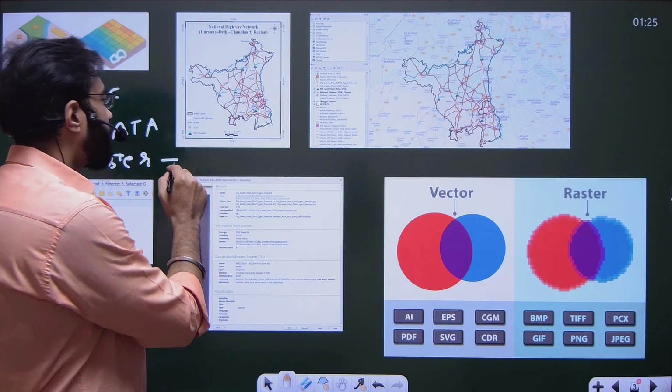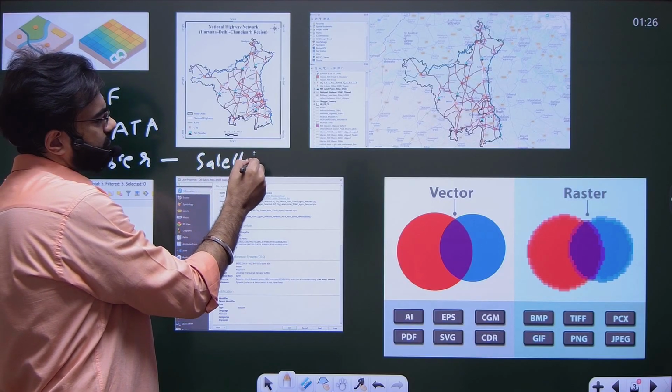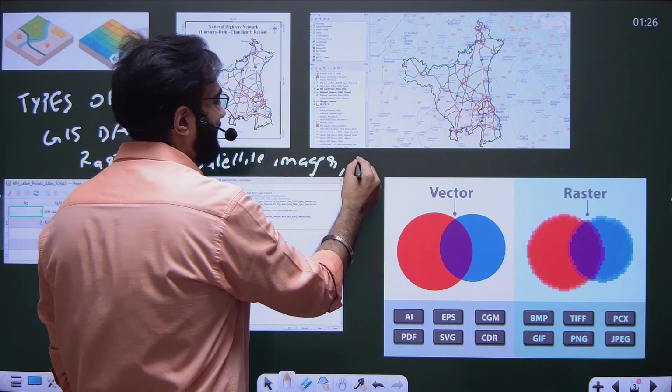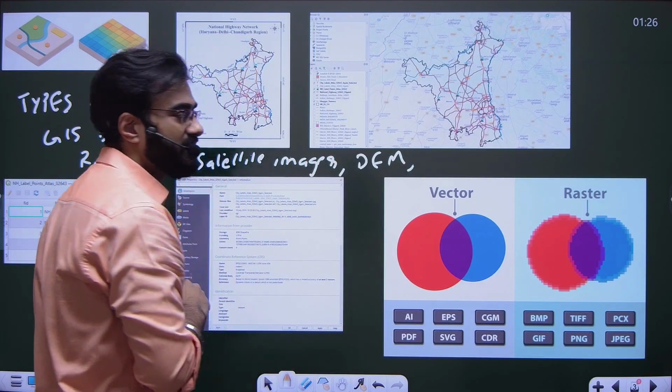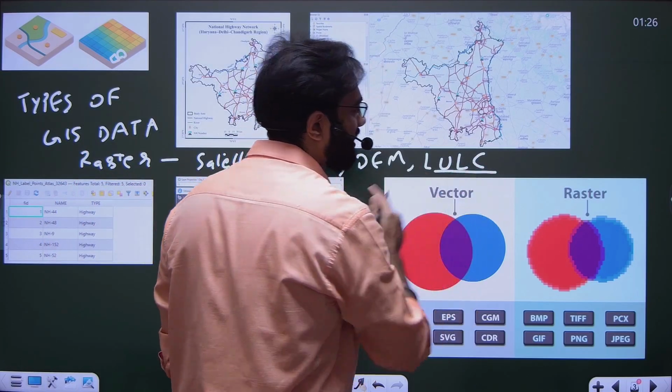It is used to represent satellite imagery, elevation models, DEMs, digital elevation models. It is also used to represent LULC, land use, land cover changes.